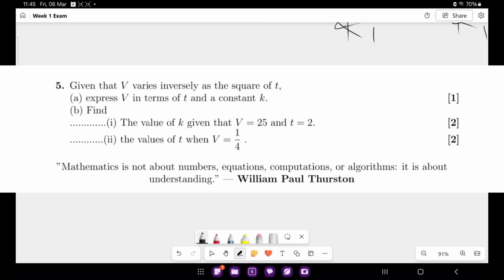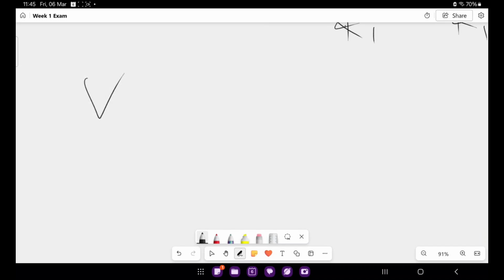Okay, so it shows that v varies inversely as the square of t. Square, not square root. They said square. A lot of people make that mistake. When they think of square root, they think of square, and when they think of square, they think of square root.